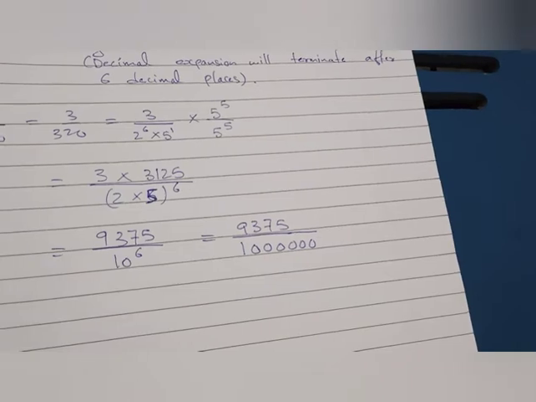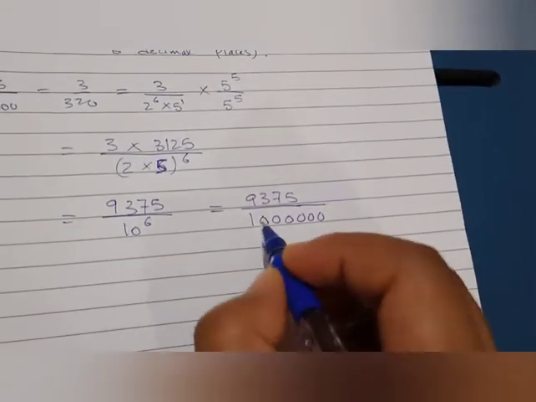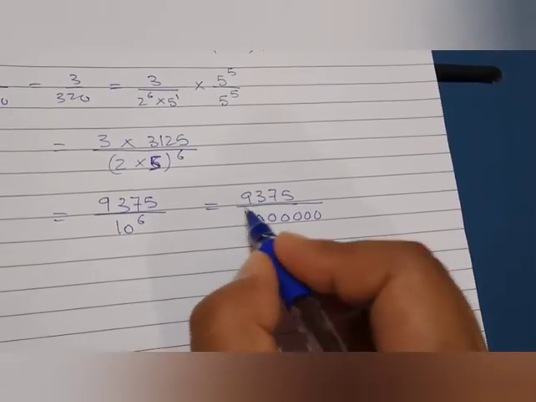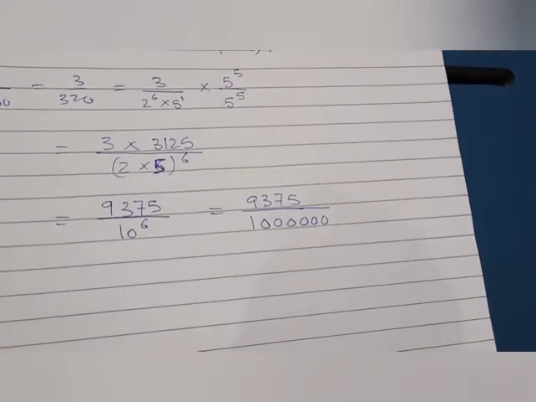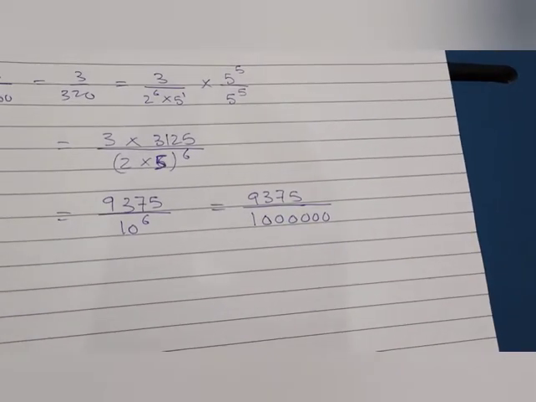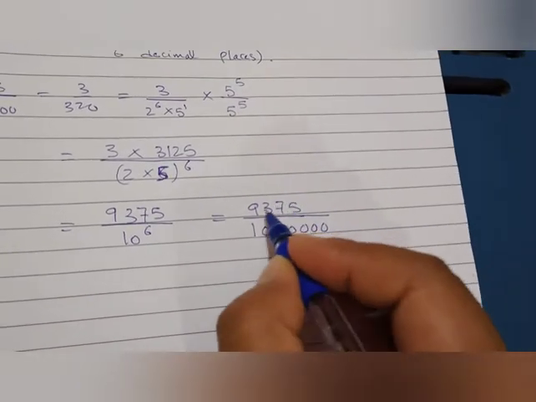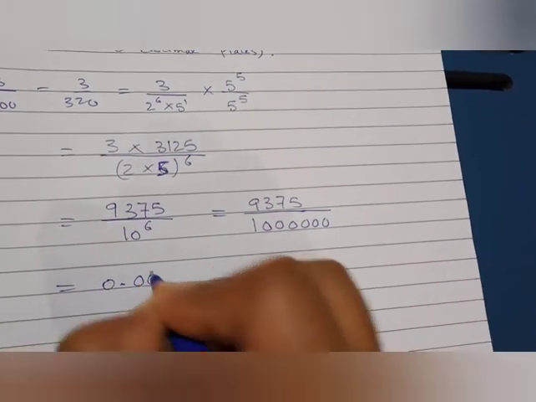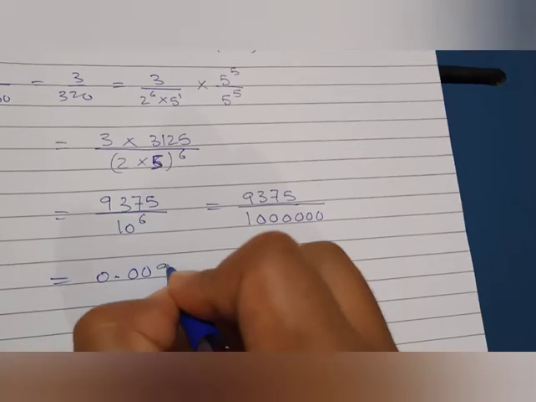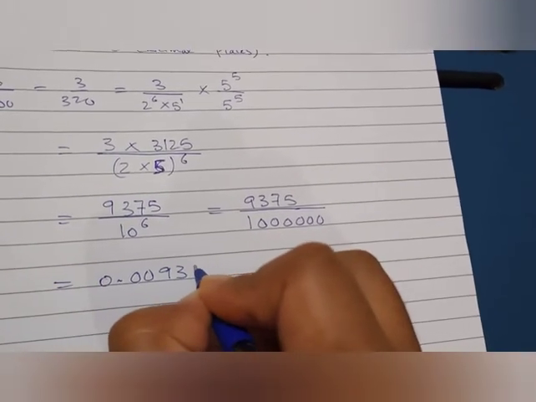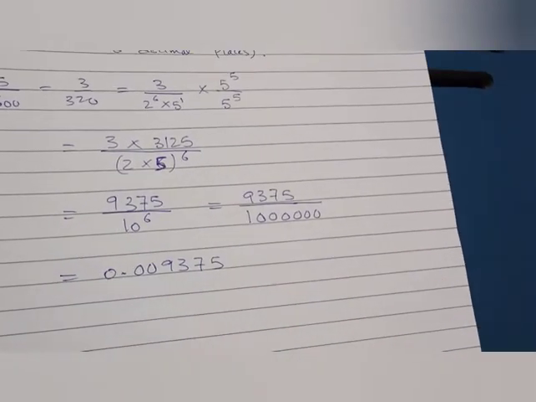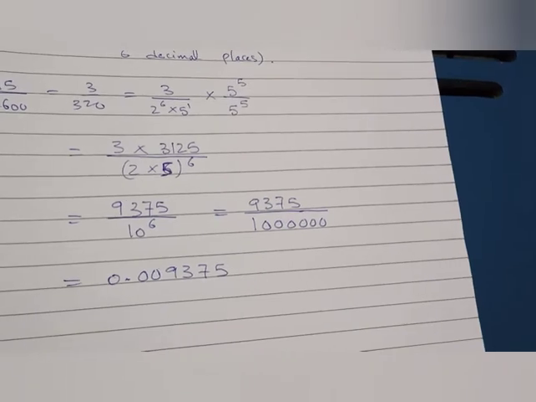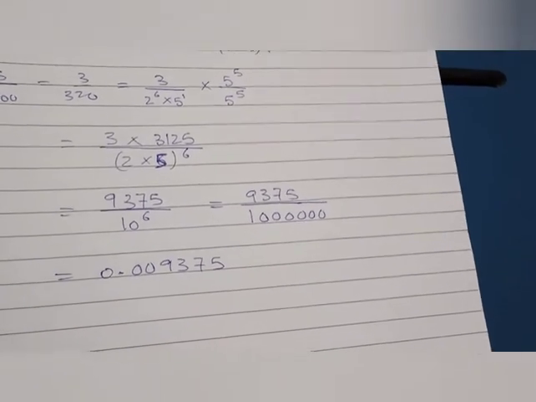So 9375 divided by 10 lakh. Since there are 6 zeros, so decimal expansion will have 6 digits after decimal places. Since we only have 4 here, so we'll have 0. and 2 zeros followed by the digits that we had in the numerator. 0.009375 will be the decimal expansion.